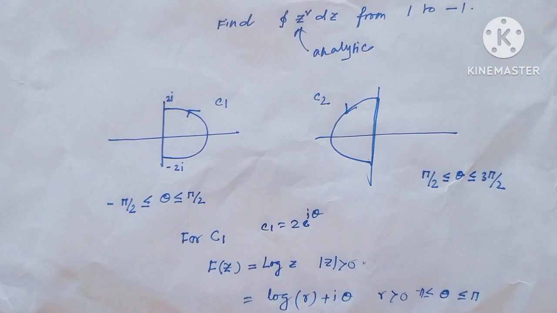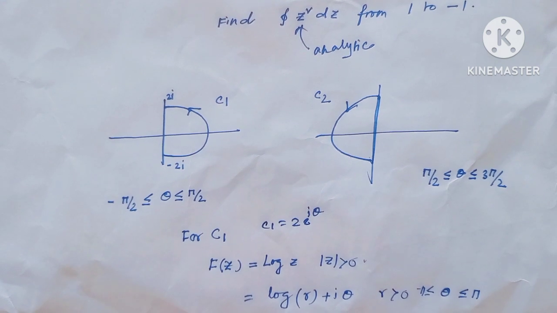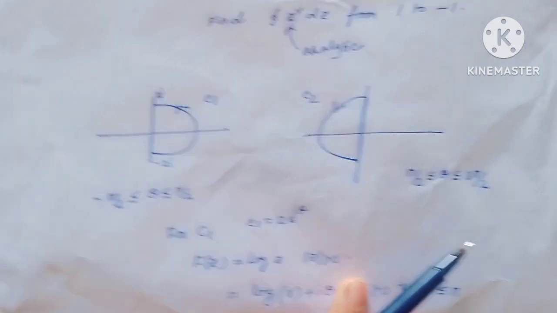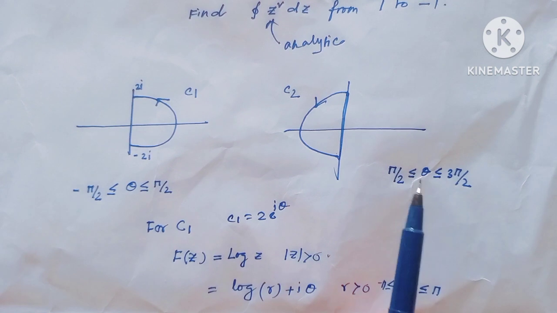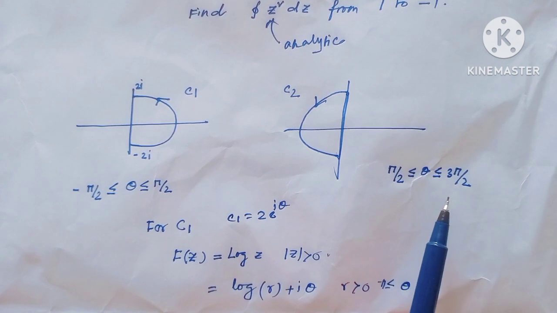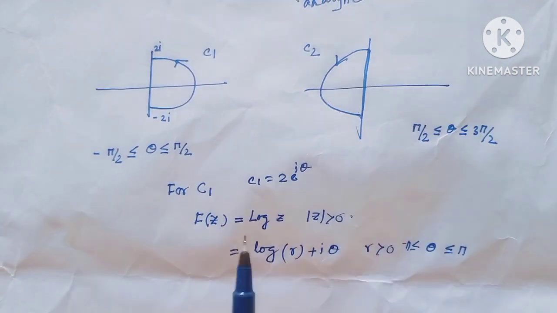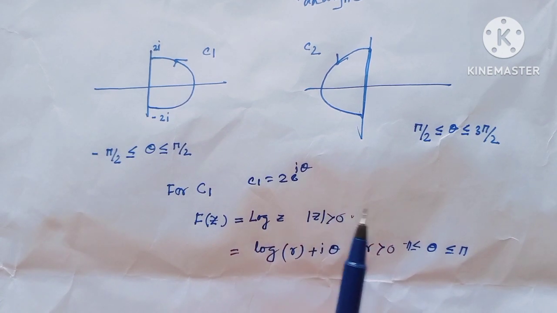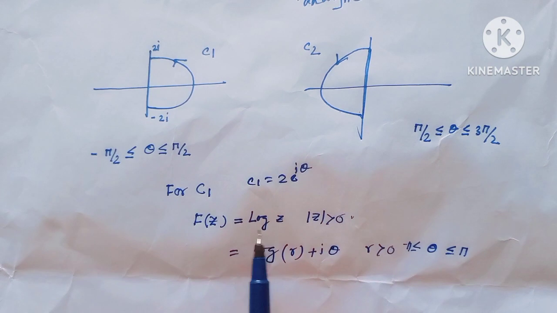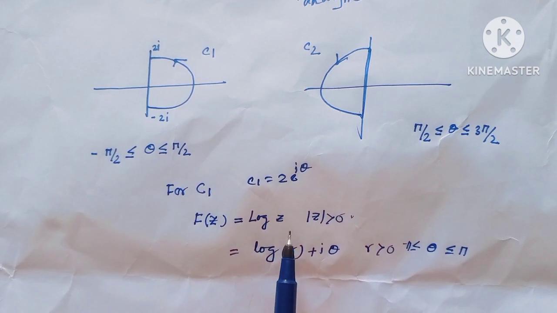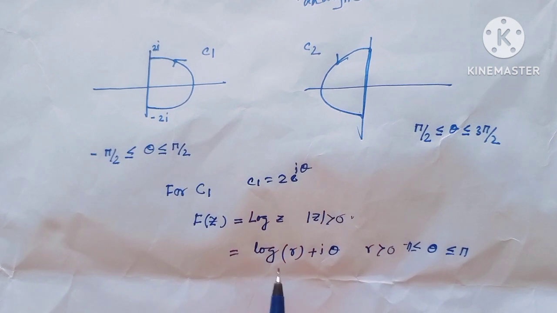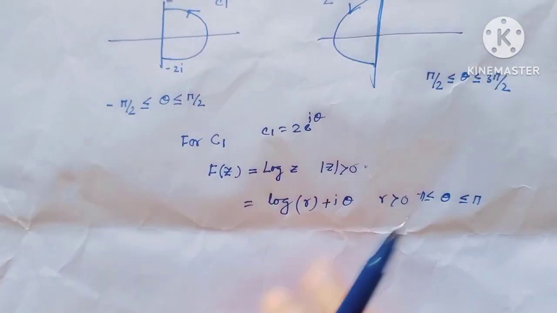Split this integral into two parts. In C1, theta lies between minus pi over 2 and pi over 2. In C2, theta lies between pi over 2 and 3 pi over 2. For C1 equal to 2 e to the power i theta, I have f(z) equal to capital Log z, where mod z greater than 0, then capital Log z means log r plus i theta.